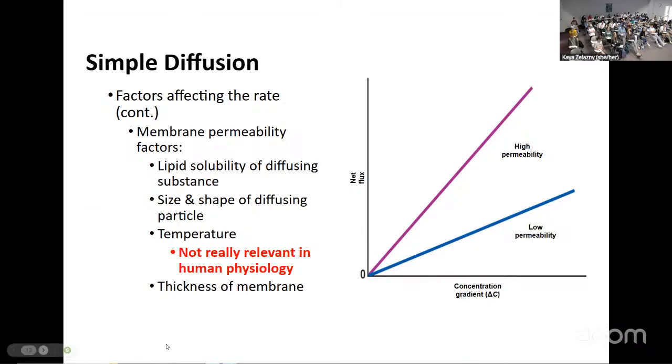So we can imagine a situation where not only do we have to cross our phospholipids to get in, right? We also have to cross some other layer sitting on top surrounding the cell, right? Like stuck on. So in that case, we've got a bigger membrane, basically I have to travel farther, so that would make this process slower.